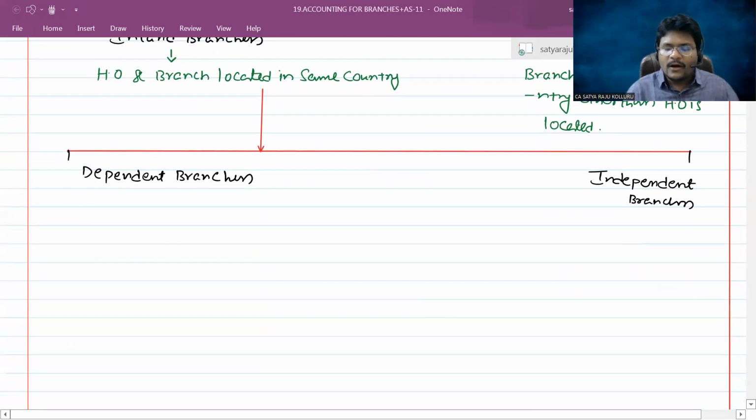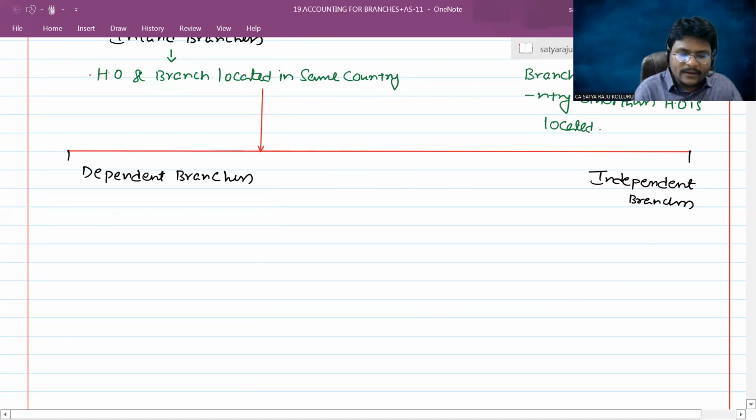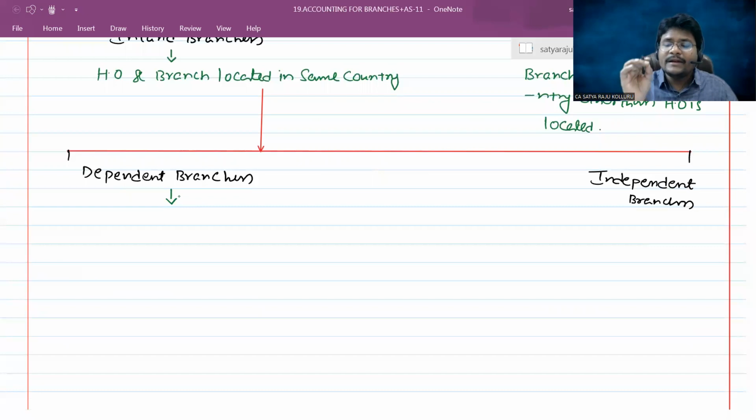Now, sir, how do we know whether a branch is a dependent branch or an independent branch, or what is the meaning of dependent branch or independent branch? Concentrate, guys. Sir, a dependent branch is a branch whose entire accounts are maintained by the head office only.